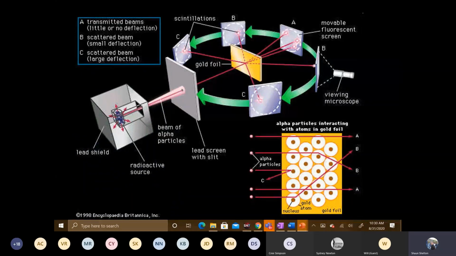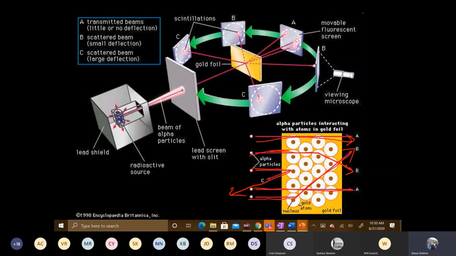And so what happened was, so you have a cross section of the gold foil right here. These alpha particles would come into the gold foil, and they would come out the other side. Most of them would come out, and some of them would be deflected backwards.